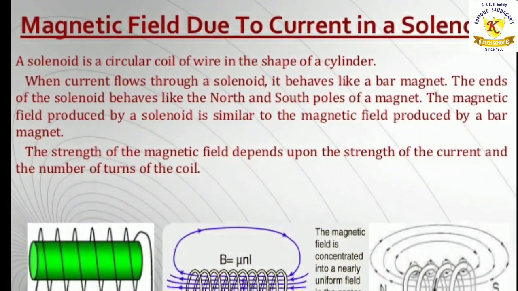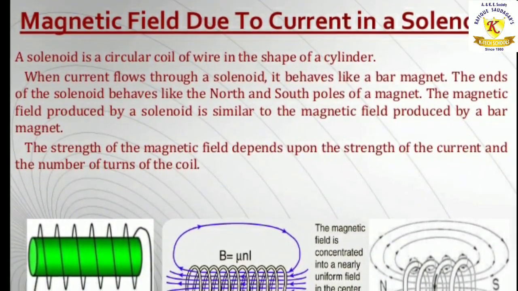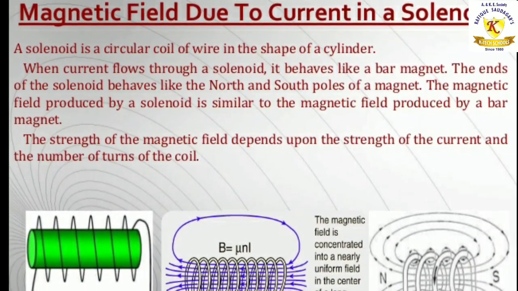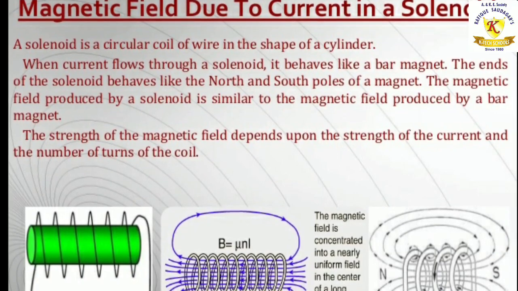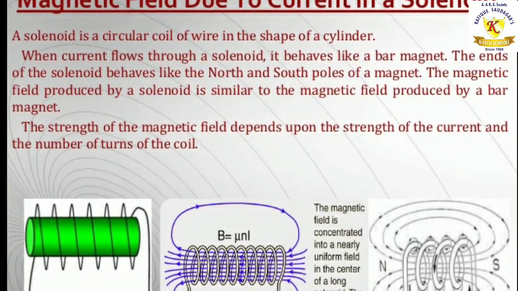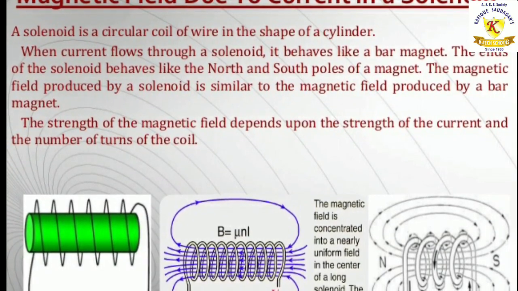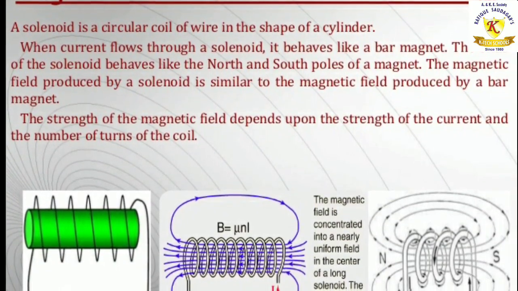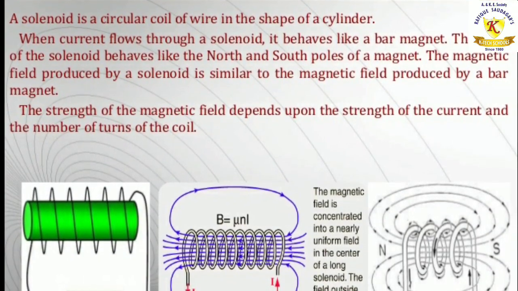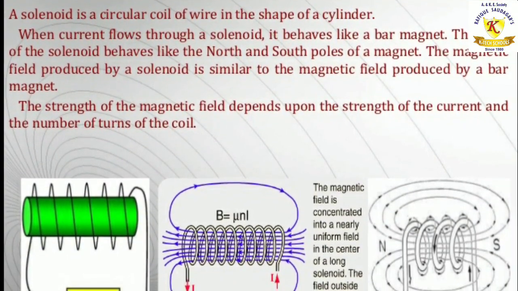Magnetic field due to current in a solenoid. A solenoid is a circular coil of wire in the shape of a cylinder. When current flows through a solenoid, it behaves like a bar magnet. The ends of the solenoid behave like the north and south pole of a magnet.